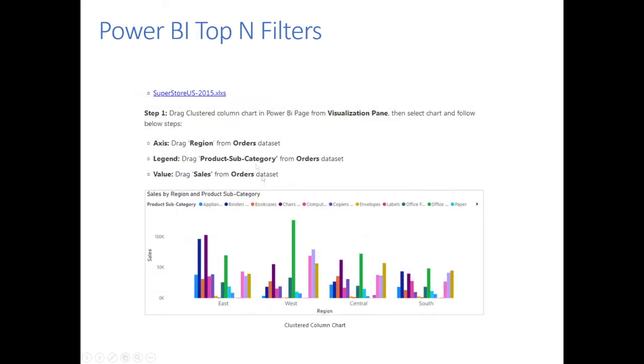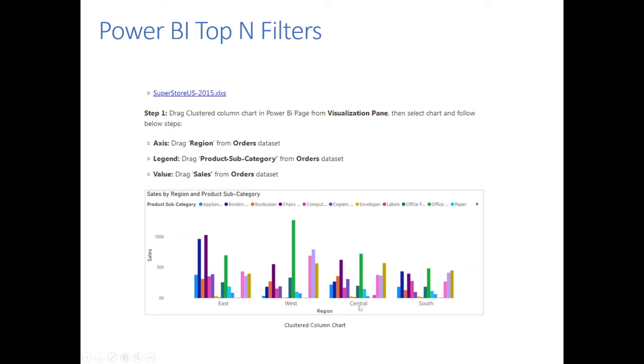So for this example, we'll be using the Superstore US 2015 worksheet. To start, we drag the clustered column chart in Power BI page from the visualization pane. Then select the chart and follow the steps below. For the axis, we drag the region.